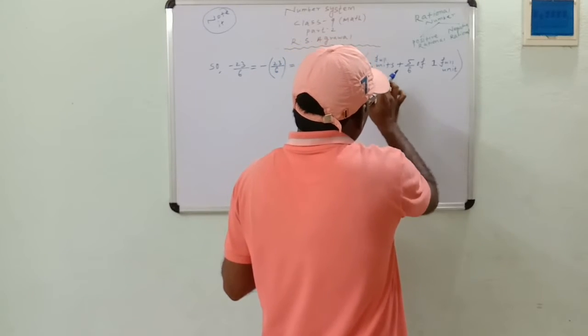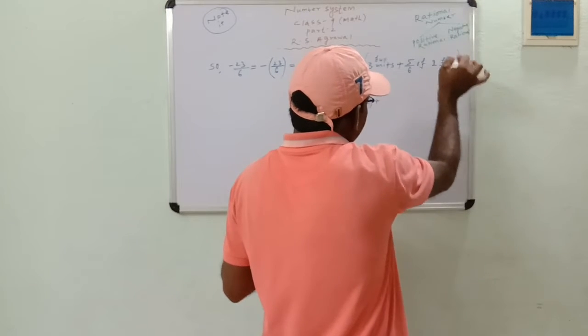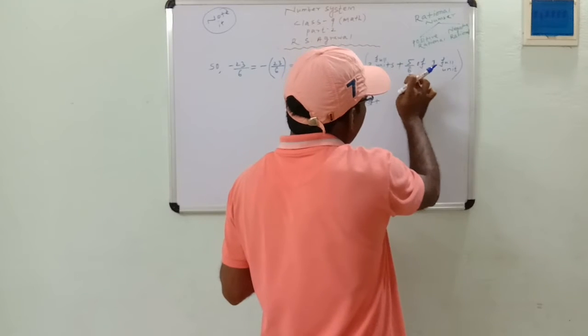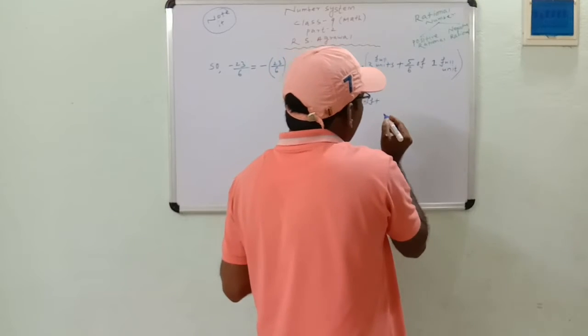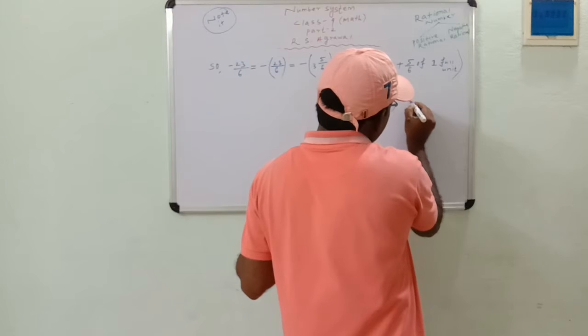So minus, inside the bracket you have 3 full units plus 5 by 6 of 1 full unit. It means you have to go the distance.